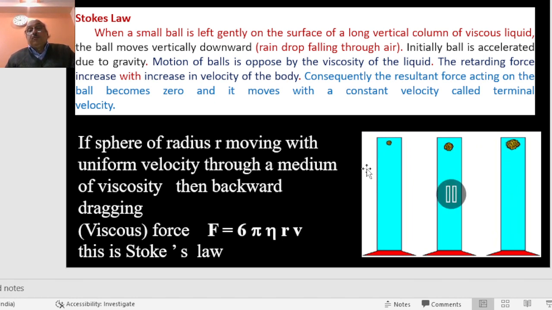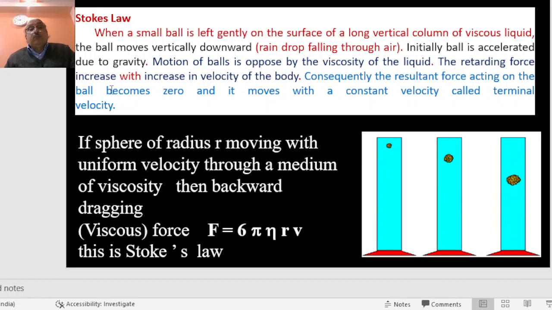Whenever the object is falling down, the viscous force comes and this viscous force opposes the downward motion. As the velocity increases because of gravity, this viscous force also increases. And at a time, the viscous force will be equal to the weight of the object, then the net force on the object becomes zero.